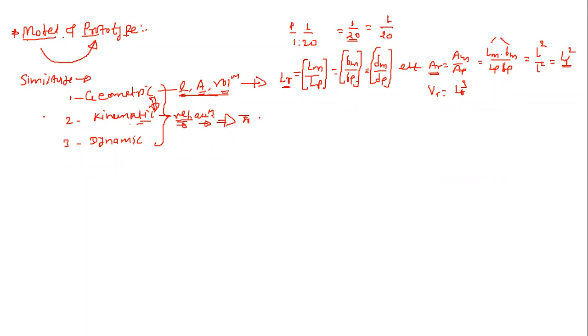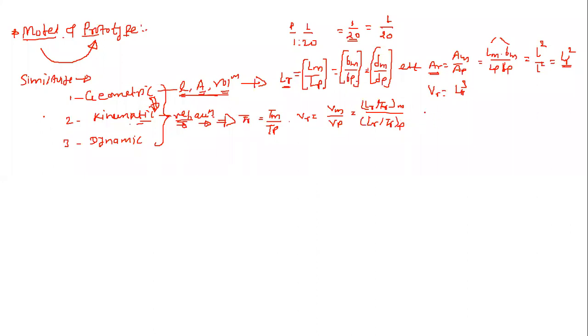First, the time scale ratio, called TR, that is the time in the model divided by the time in the prototype. Then the velocity scale ratio, VR, that is the velocity in the model divided by the velocity in the prototype. Velocity is length per unit time, so that is LR upon TR of the model divided by LR upon TR of the prototype.